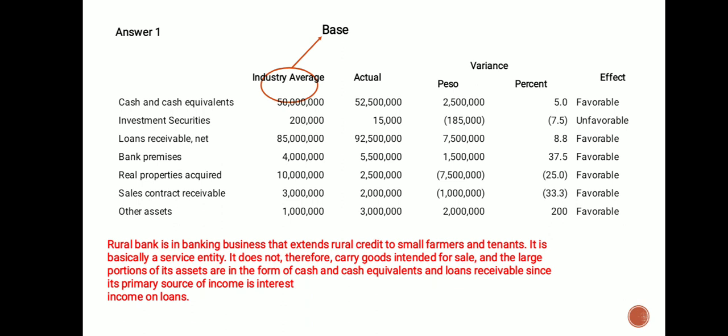since banks derive their income from interest income on loans. In the course of lending operations, borrowers sometimes could not pay their loans on maturity dates.